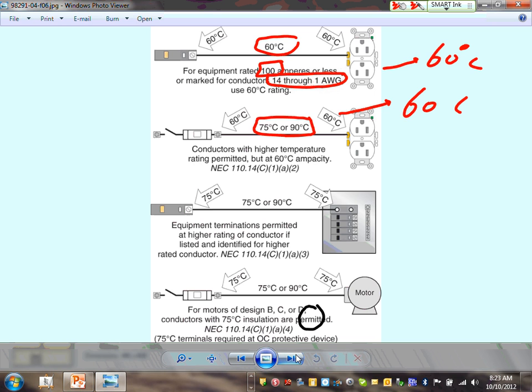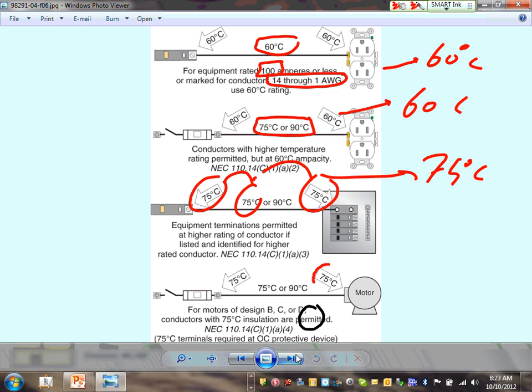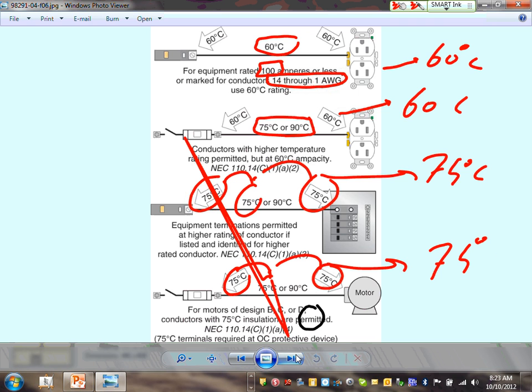Now, the NEC code book says higher than 100 amp or more than number 1, you always default to 75, then your conductor is 75, and based on this, your 75 degree column is your default. For motors, I don't know if you guys remember, we said motors always use the 75 degree column.